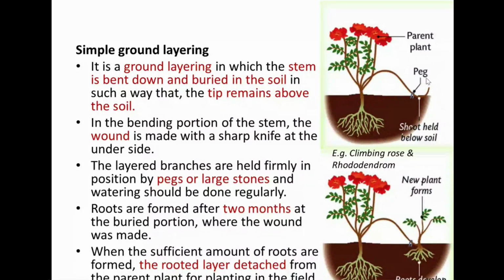Then water regularly. Gradually it will produce roots and become independent. It will produce roots below and shoots above. Then you can cut it here, see this diagram, and this entire plant you can transfer wherever you want. So this is the simple definition of ground layering.